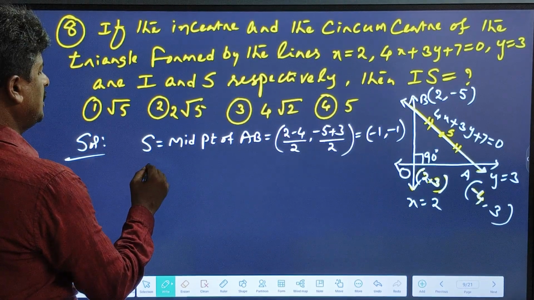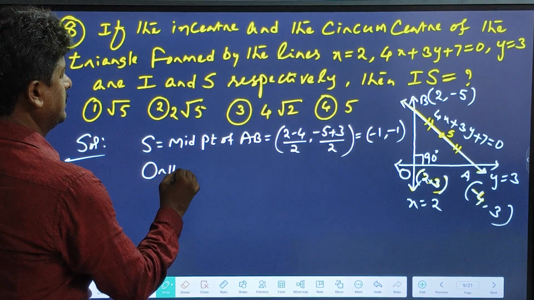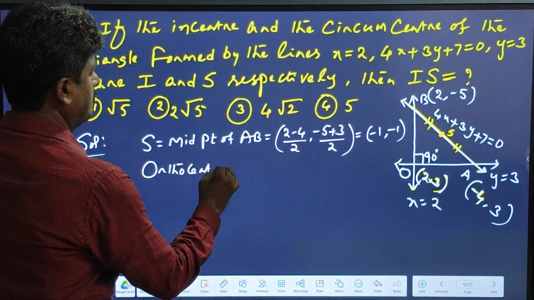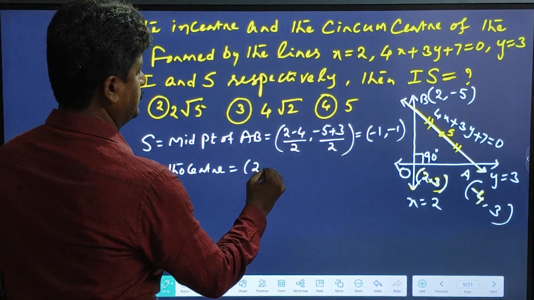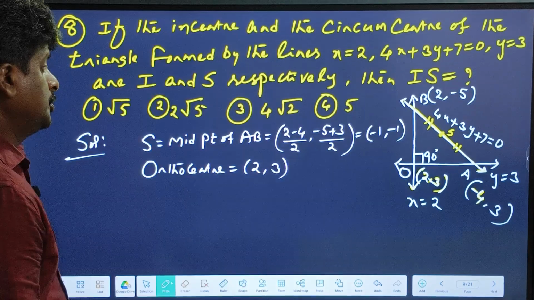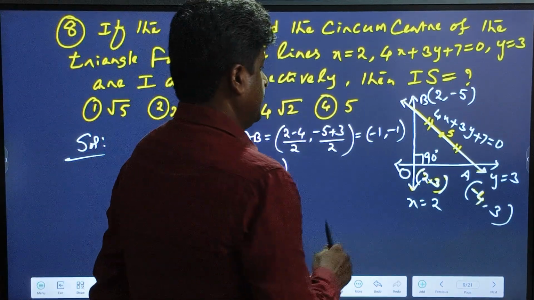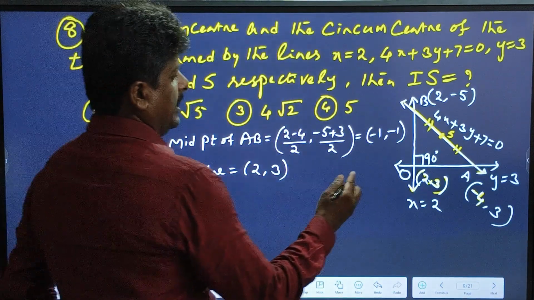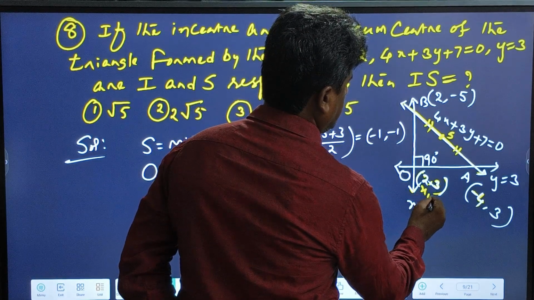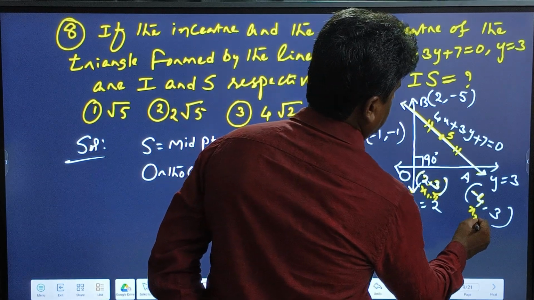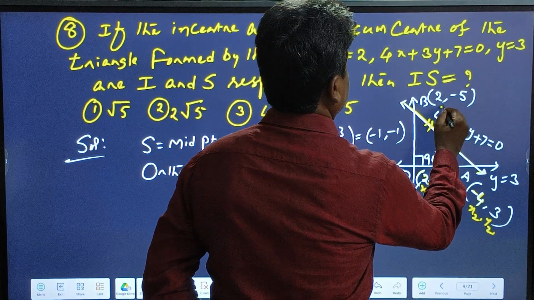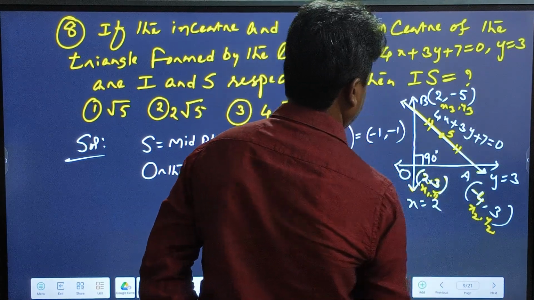We know already the orthocenter is (2, 3). Do observe that the incenter, let it be (x1, y1). This is (x2, y2). This is (x3, y3).